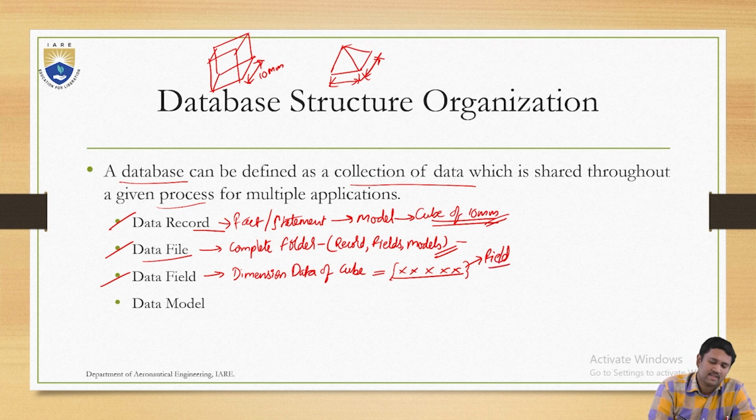What kind of field? A dimensional field, in which dimensional data is supposed to be shown. In our case, instead of x, we'll be having 10, particularly mm, if we're maintaining global unit values.